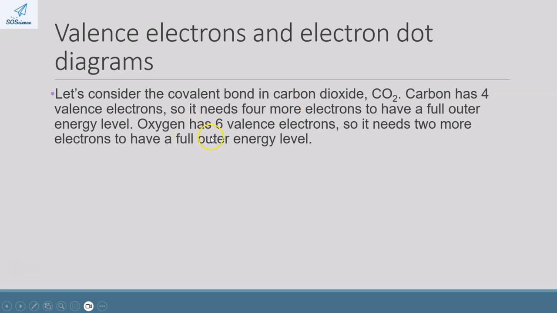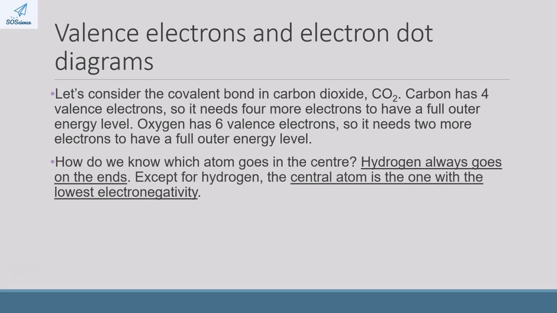Now, the fact that we've got 2 oxygen atoms, and each oxygen atom has 6 valence electrons and needs 8, that already should raise some awareness in us that oxygen and carbon will each bond with a double bond. Let me explain.